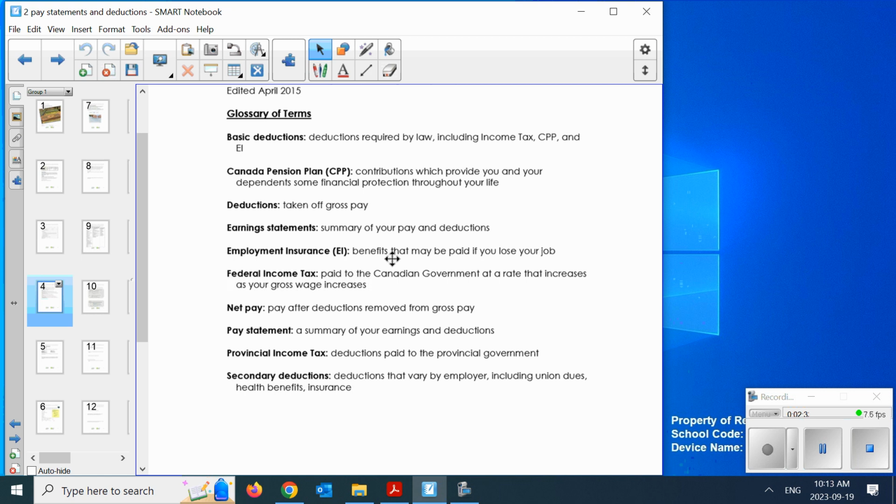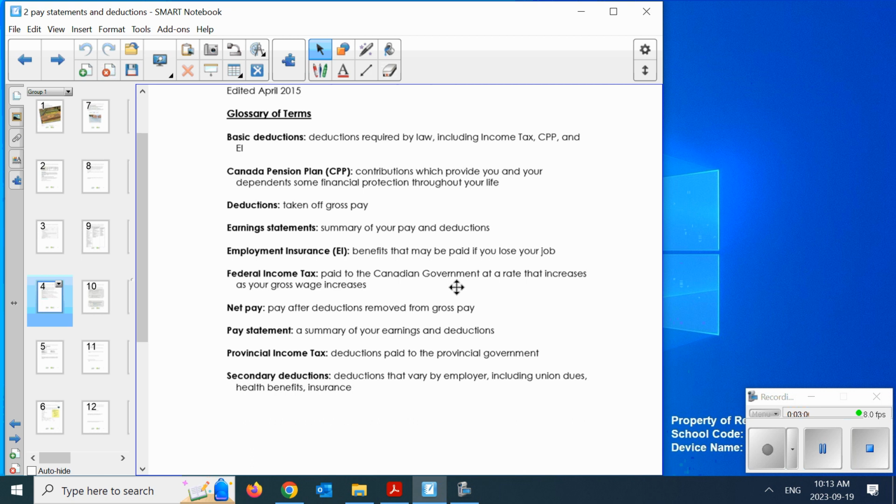Say you work for a business doing lawn care and landscaping, and you get laid off every winter, November through March or something. You might be able to collect employment insurance over the winter too, knowing you have a job coming back.